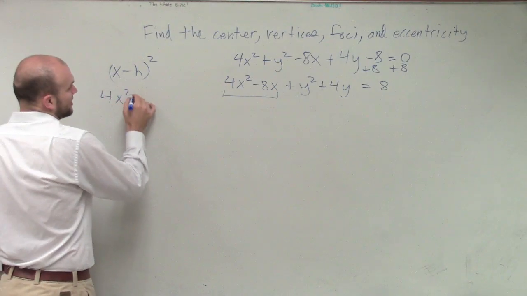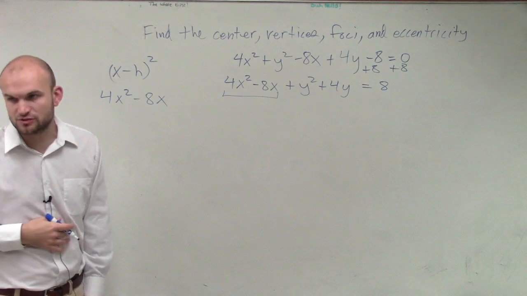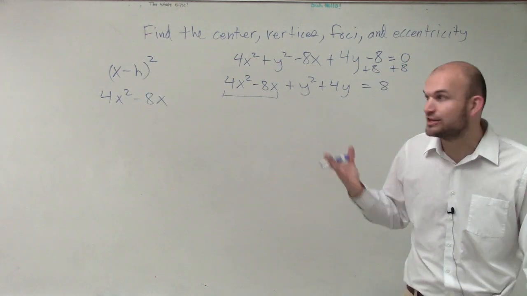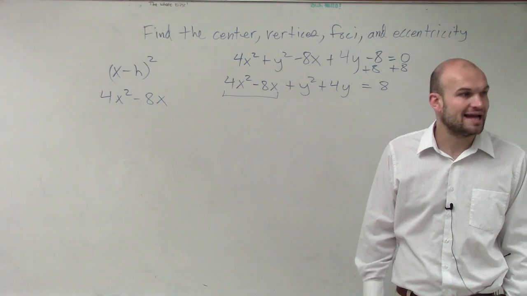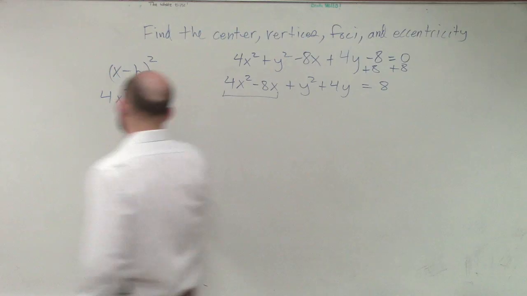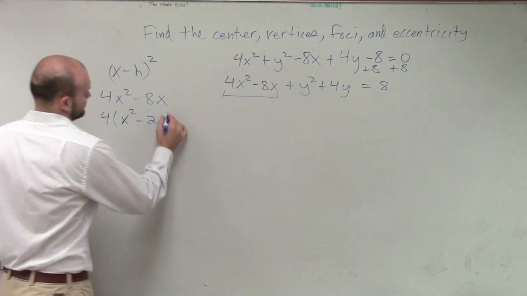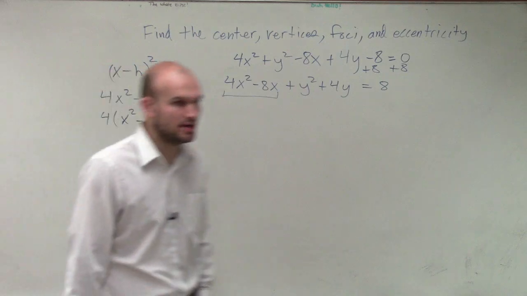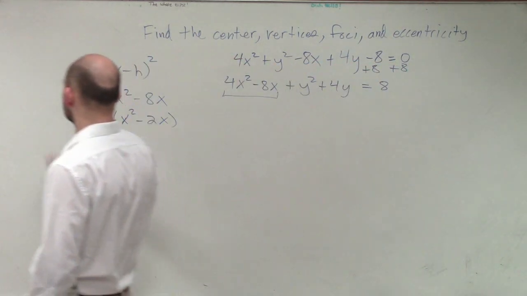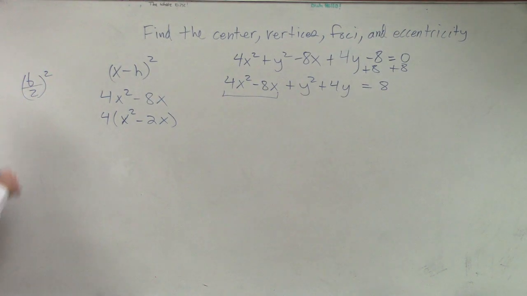So we have 4x squared minus 8x. I need to complete the square. I need to make this a perfect square trinomial. Remember, the first step in completing the square is you cannot have a coefficient of anything besides 1 in front of your quadratic term. So the first thing I do is I factor out a 4. Then, remember, we do our special little case: b divided by 2, and square it.